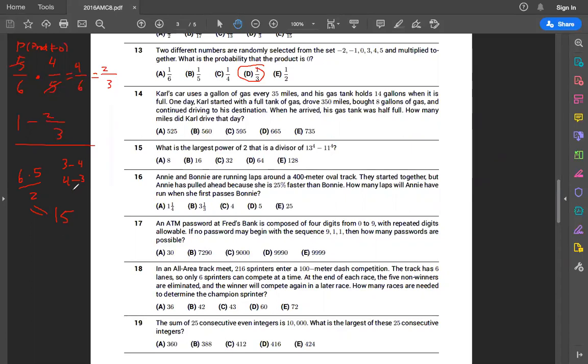And now to find the number of products that are not 0, it would be 5 times 4 divided by 2. Because 0 is not an option, so we have one less option at each step. And then I divide by 2 for the same reason. So that's 10. So that means there are 5 products that do equal 0.